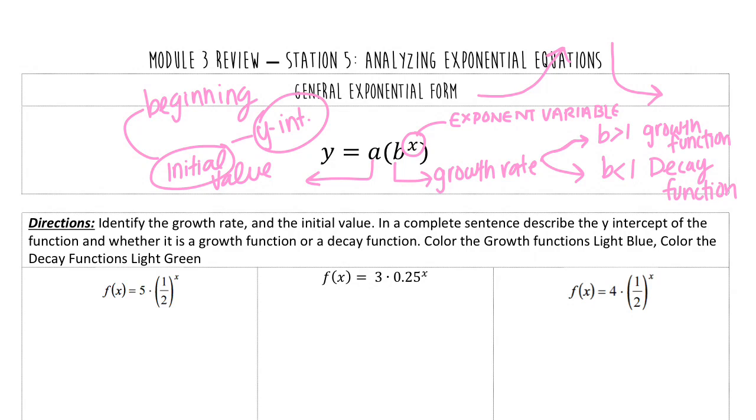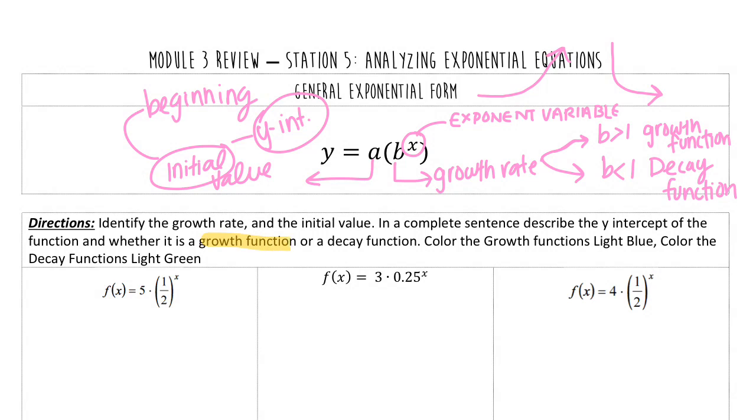Okay. So now that we've summarized that, we're going to come down here and read the directions. It says identify the growth rate, so remember that's b, and the initial value. In a complete sentence, remember that part, it's important, describe the y-intercept of the function and whether it is a growth function or a decay function.